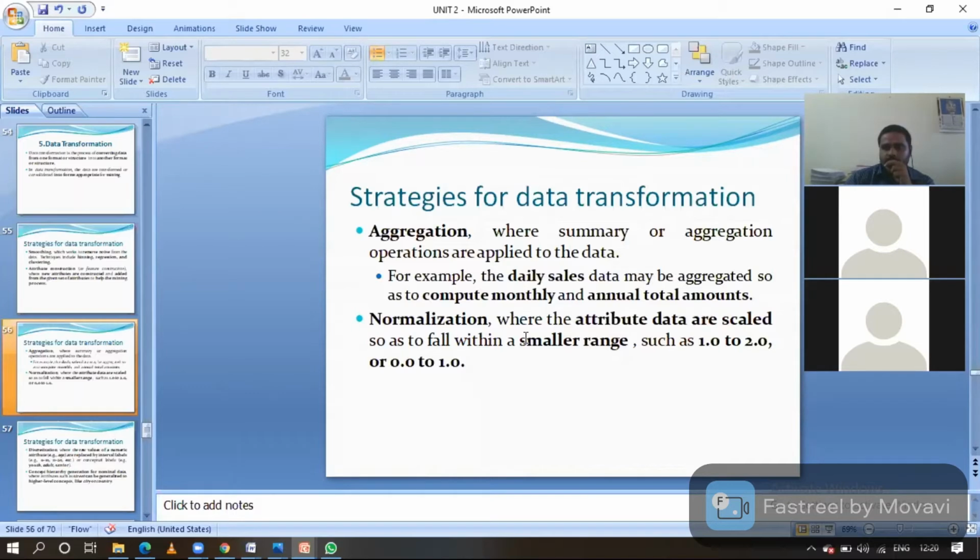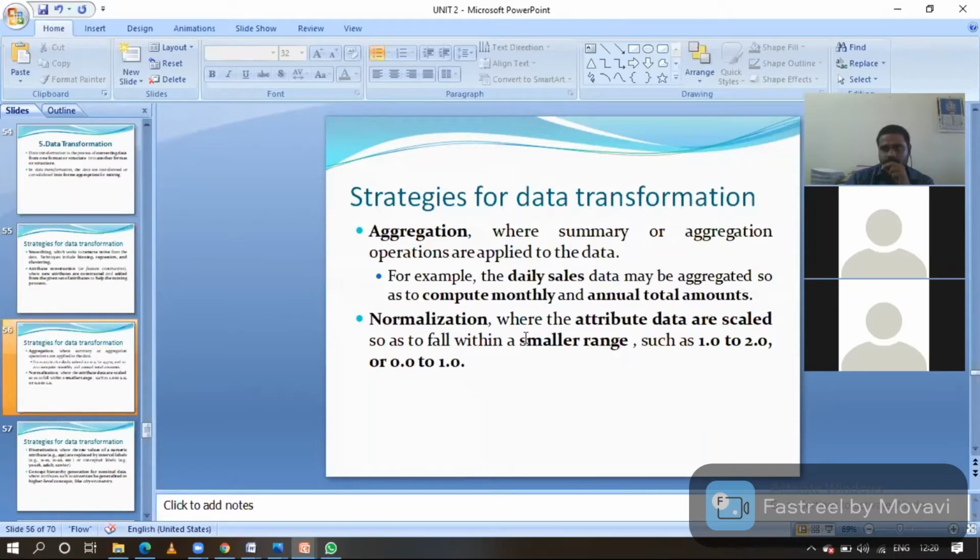What is the importance of normalization, guys? We can go for a smaller range representation of the different attributes. For example, we can represent all the numerical attribute values from 0.0 to 1.0, or from 1.0 to 2.0.